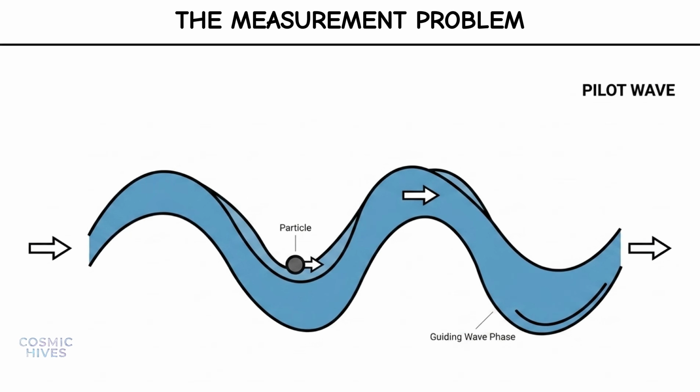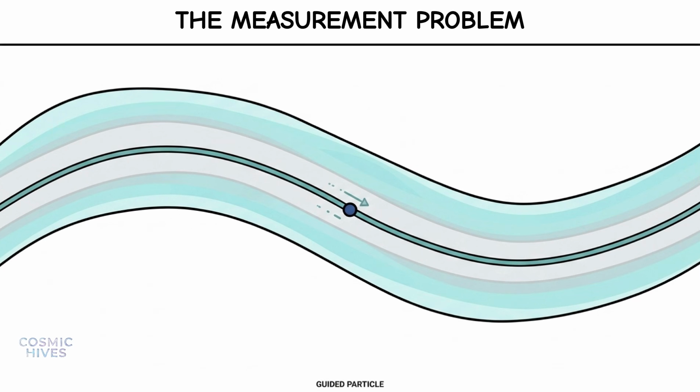The pilot wave theory, developed by Louis de Broglie in the 1920s and revived by David Bohm in 1952, proposes something different again. The electron is a real particle with a definite position at all times. It never stops existing as a point, but it is guided by an associated wave called the pilot wave that determines where it goes.